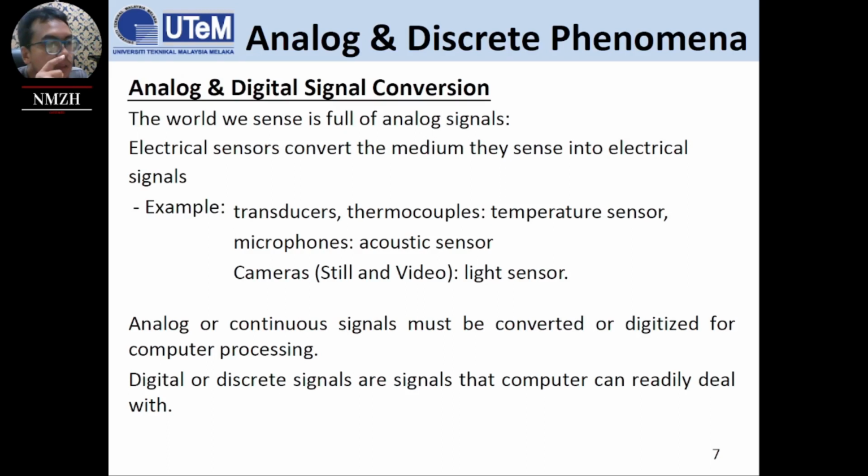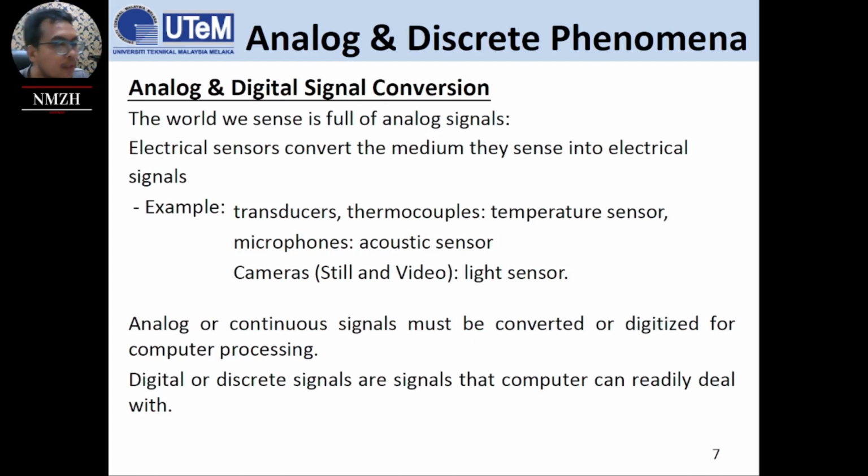Okay, so in order to utilize all these devices, we basically need to convert. For example, as I talk right now in continuous, in analog, this voice goes into the laptop and is changed from analog to digital by the ADC converter, right?